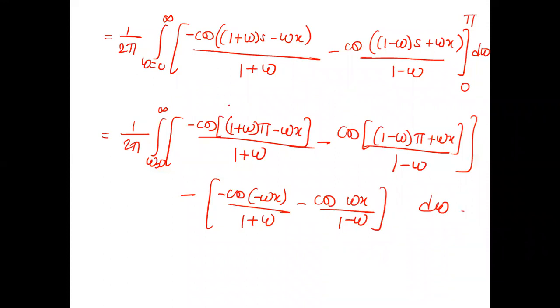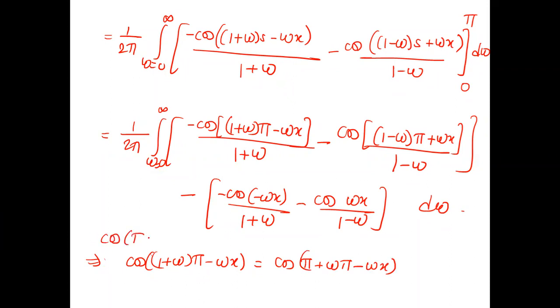Okay, now this term, I'll just explain here and write it directly. So cos of this term is nothing but 1 plus omega pi minus omega x. So it is cos of pi plus omega pi minus omega x. And please remember we have one formula: cos of pi plus theta or cos of pi minus theta, whatever it is, is always minus of cos theta.